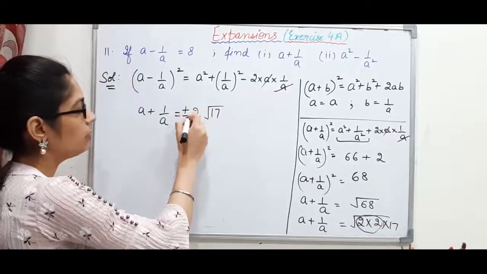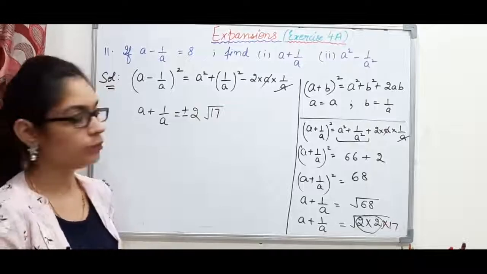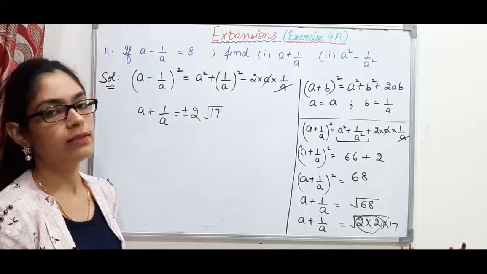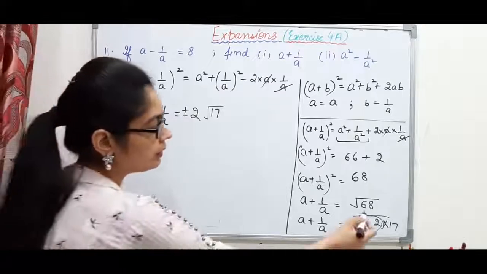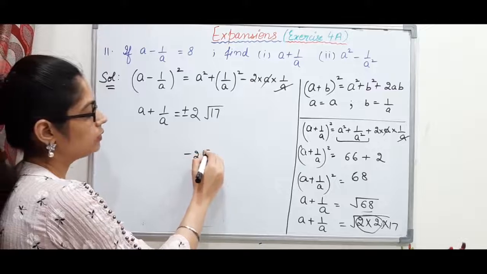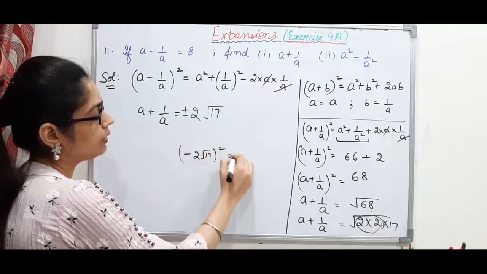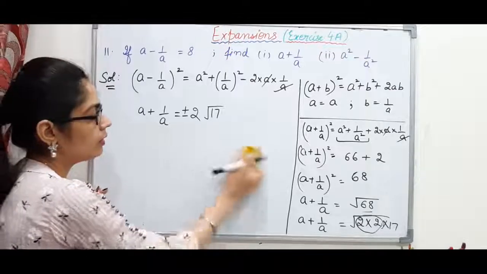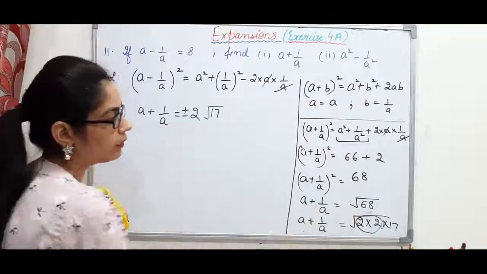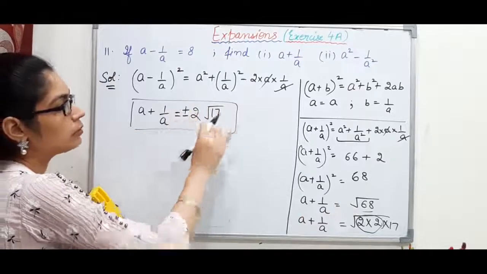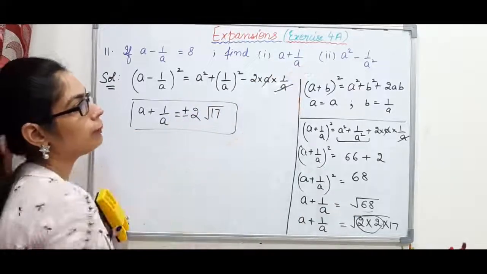Since we are finding the square root, the square of plus 2 root 17 is 68, and the square of minus 2 root 17 is also 68. So whenever we write the value of a square root, it will be in the form of plus minus. So a plus 1 by a is plus minus 2 root 17.